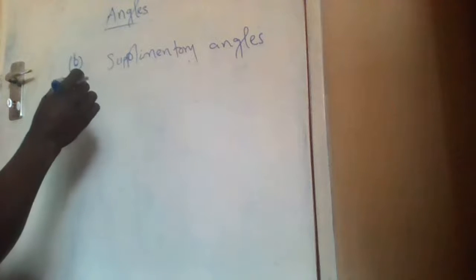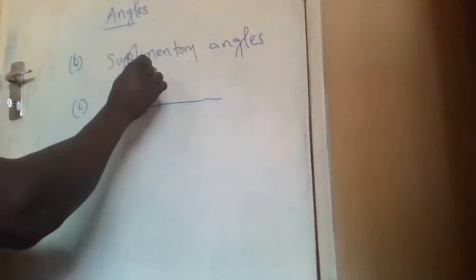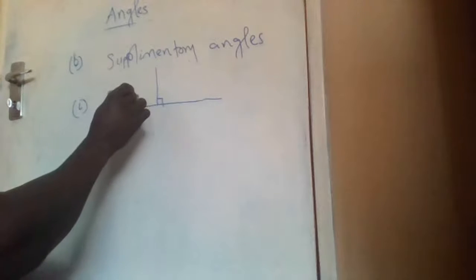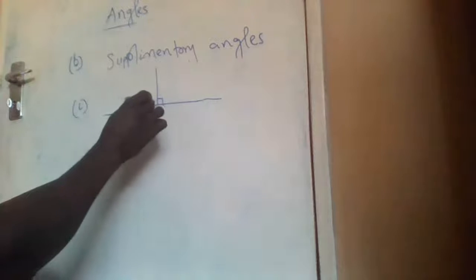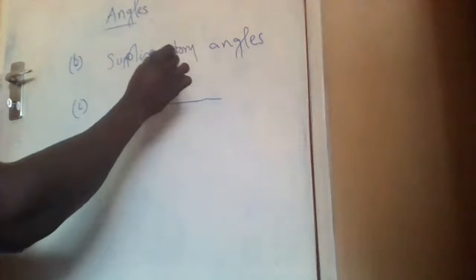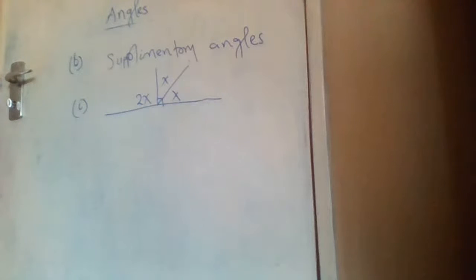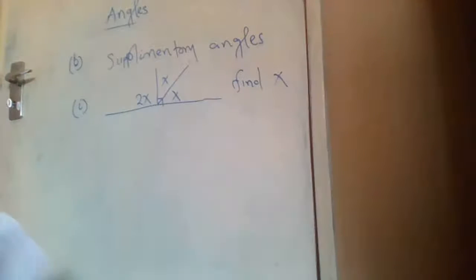Example number one, we have a straight line like that, and then we have this, I'm sure it must be familiar by now. They've told us here that the value is 2x, and here the value is x and the value is x. Then they say find x. So how can we use the principle of supplementary angles to find the value of x?